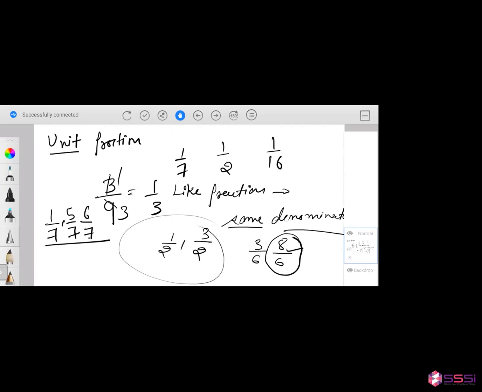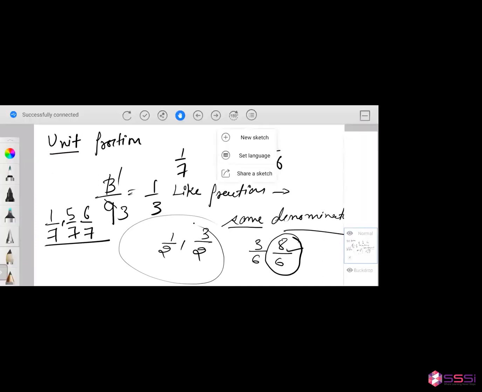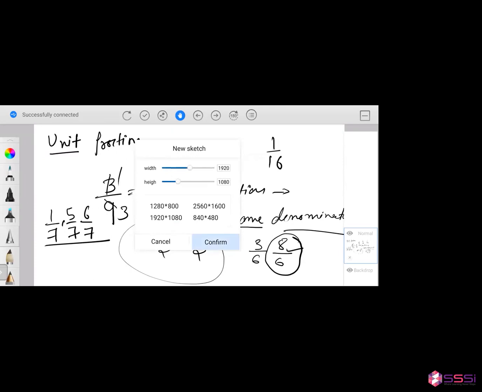And on the other hand, what are unlike fractions? Ma'am, unlike fractions are those which have the same numerator. No, that's not right. Those which have different denominators. In like fraction and unlike fraction, we talk about the denominator only. Like fraction, same denominator.